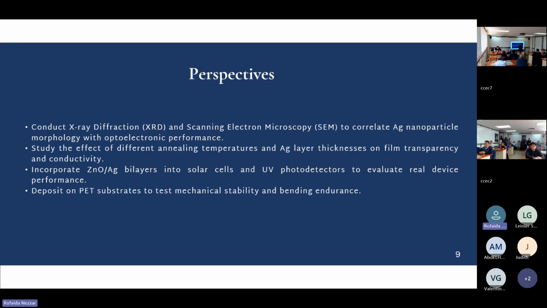We also want to integrate the zinc oxide silver into solar cells and UV photodetectors to assess real device performance. And last but not least, we plan to deposit these films on flexible PET substrates to evaluate their potential for flexible or wearable electronics.